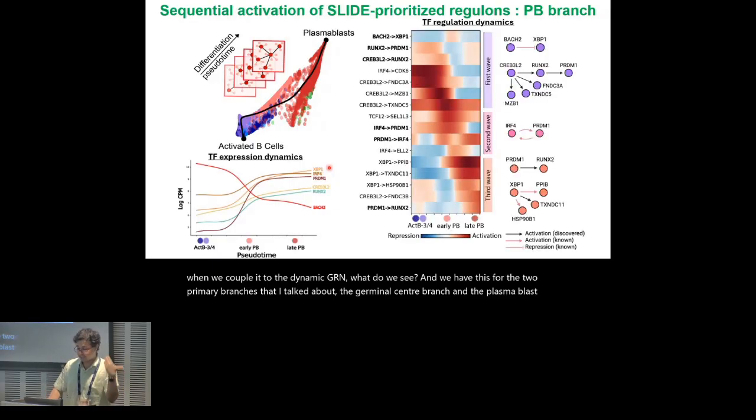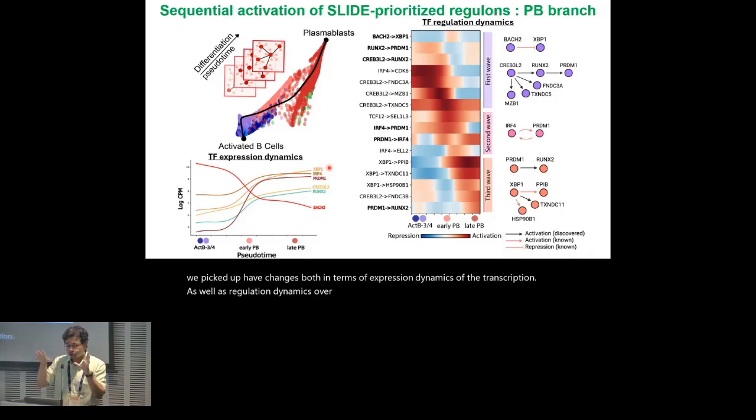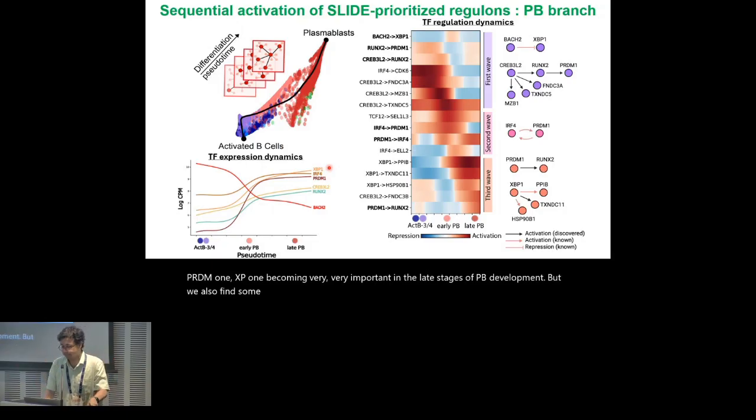In the PB branch, we see that the lineage-defining transcription factors, the ones that we picked up, have changes both in terms of expression dynamics of the transcription factors as well as regulation dynamics over waves. So I won't go through the underlying biology, but we recapture a lot of things that are known, like IRF4 and PRDM1 talking to each other, PRDM1, XBP1 becoming very, very important in the late stages of PB development. But we also find some new things, which I'll come to.